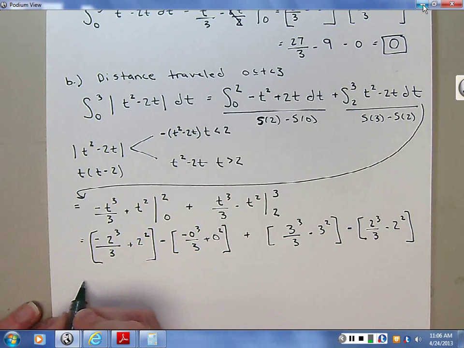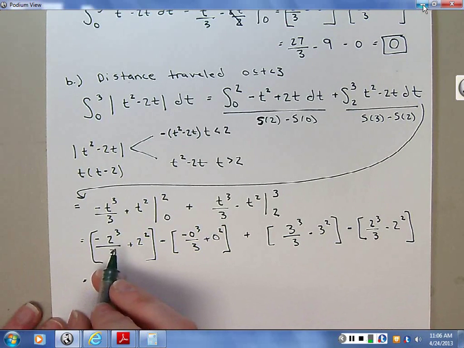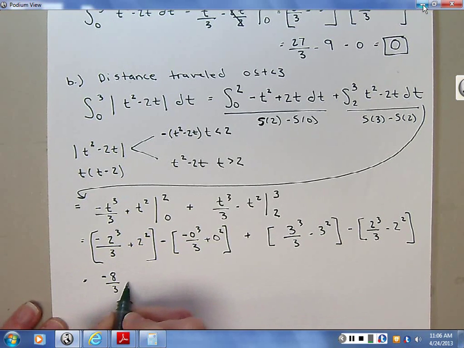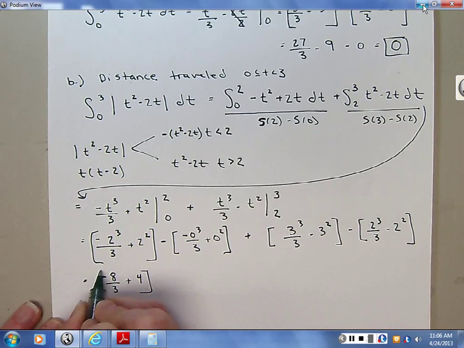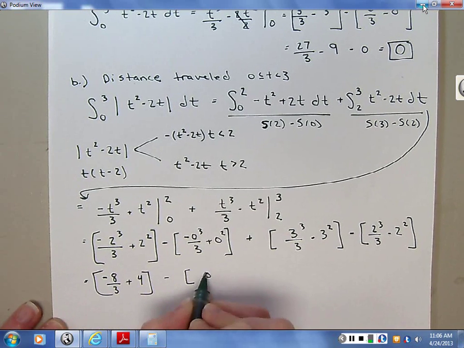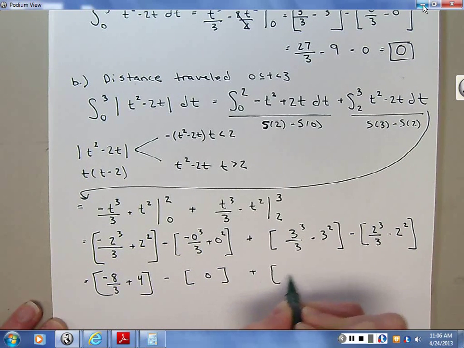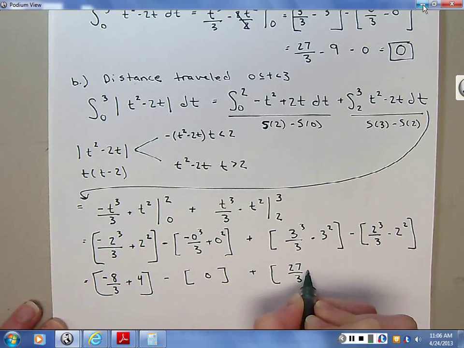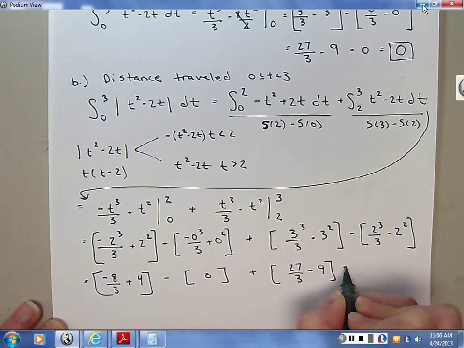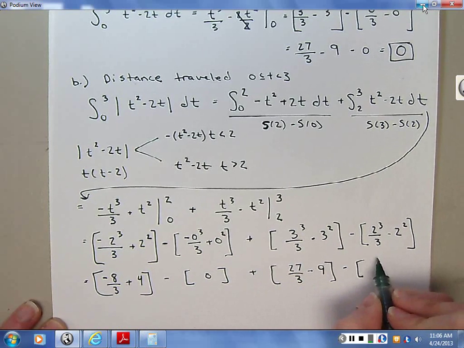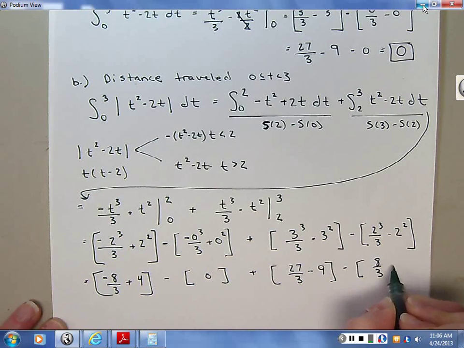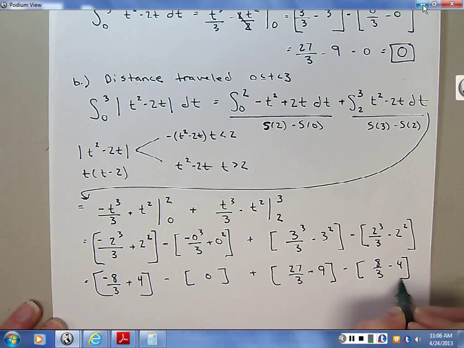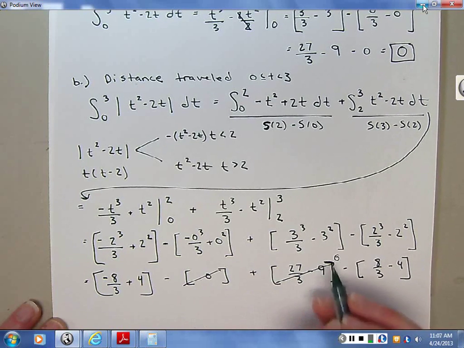So simplifying some things here, I have minus 8 over 3 plus 4, minus 0, plus 27 over 3 minus 9 minus 8 over 3 minus 4. So this is 0, and I also know this is 0, right?